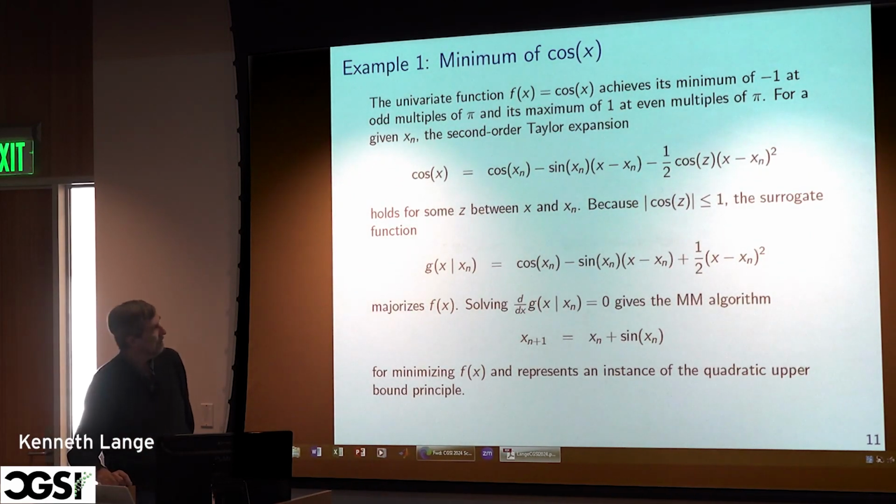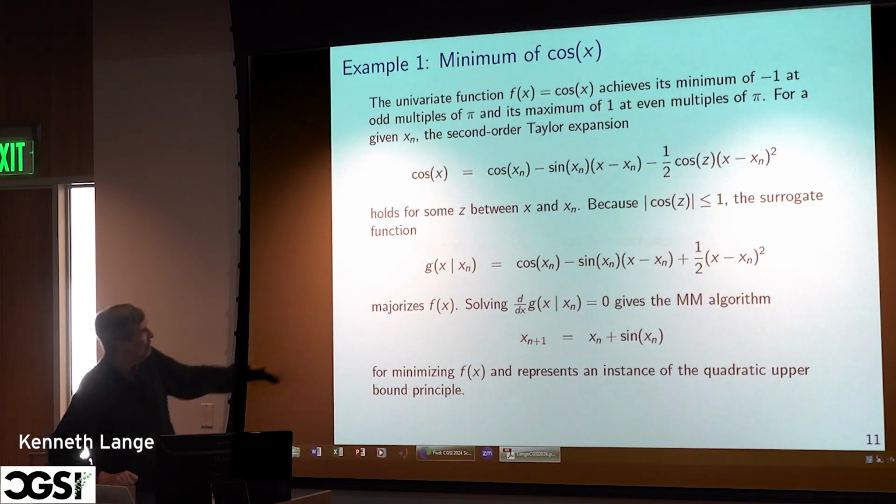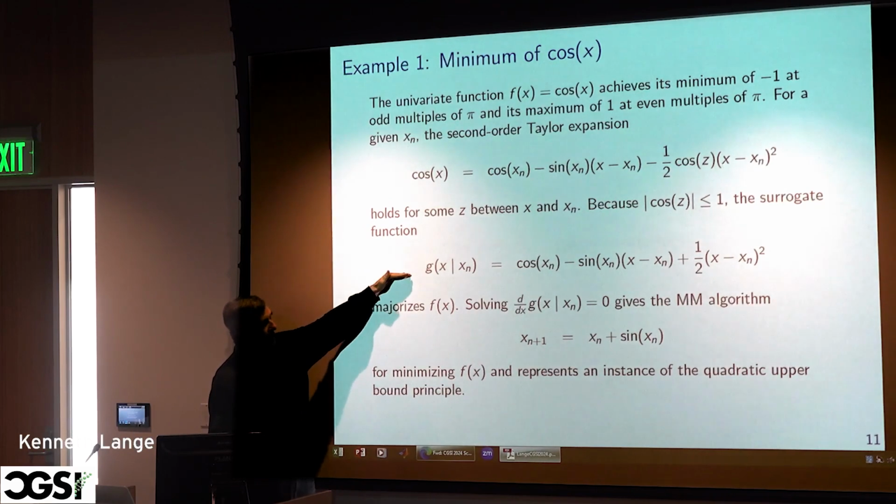And you can see if I set x equal to xn, I simply recover the cosine of xn, that's tangency. So it satisfies both tangency and domination. Now this function is a quadratic in x. We can take its derivative and set the derivative equal to 0 to get the minimum.